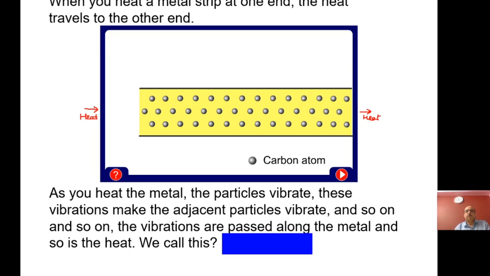This vibration makes the adjacent particles vibrate, and so on. So the vibrations are passed along the metal, and so it transfers the heat. And we call this conduction.